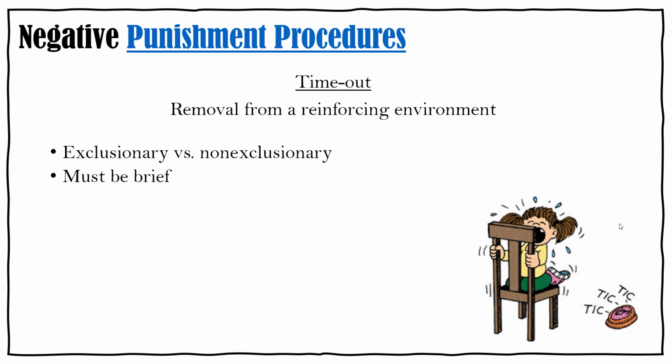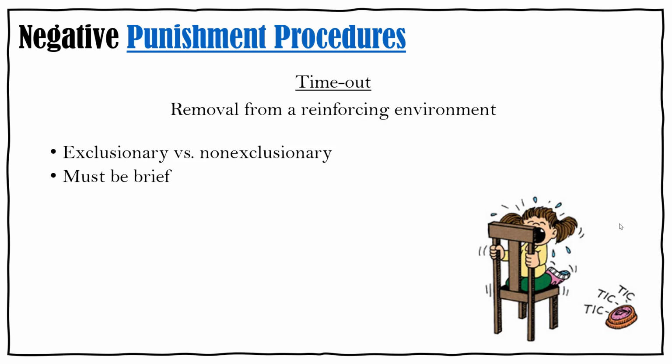Remember, timeout needs to be brief. A lot of times parents use timeout with their kids, but they send them to their room, and their kids will be in their room for 15, 30 minutes, an hour. That's not how you effectively use timeout. Timeout should be brief, typically between 2 and 5 minutes.